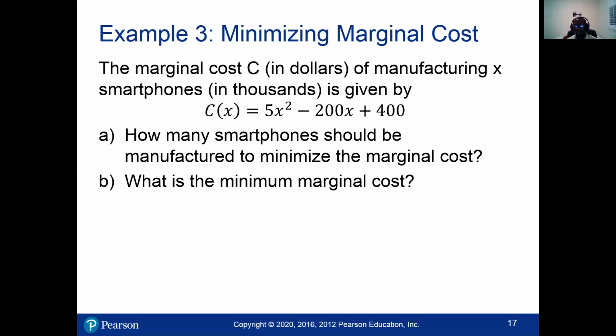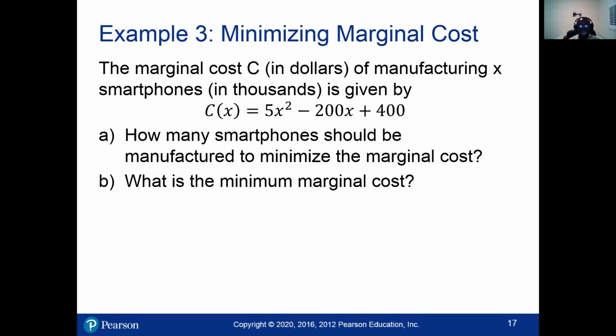The marginal cost means the cost of producing an additional smartphone. So if the cost of producing say 100 units is say 20,000, what's the cost of producing the 101st? If you add one more, what would be the cost? That is what the marginal cost is about.